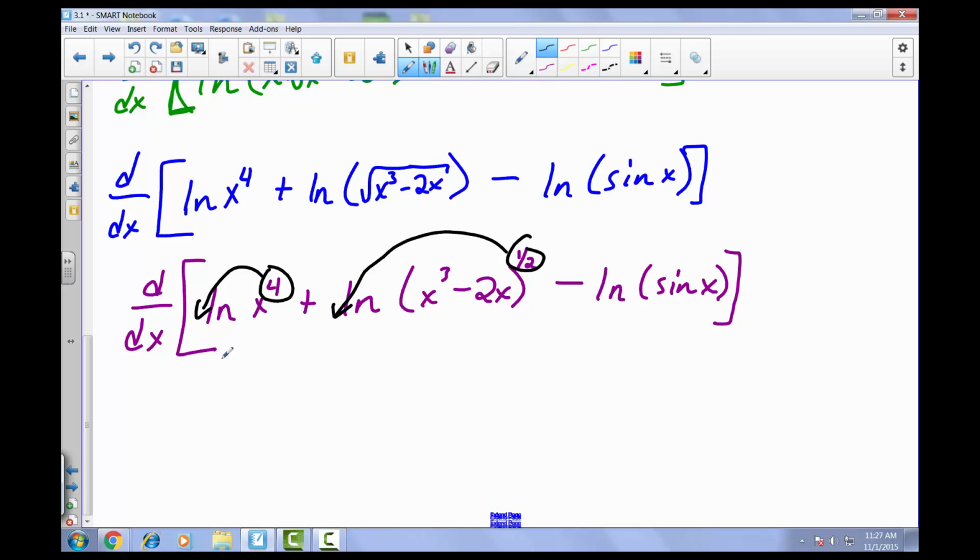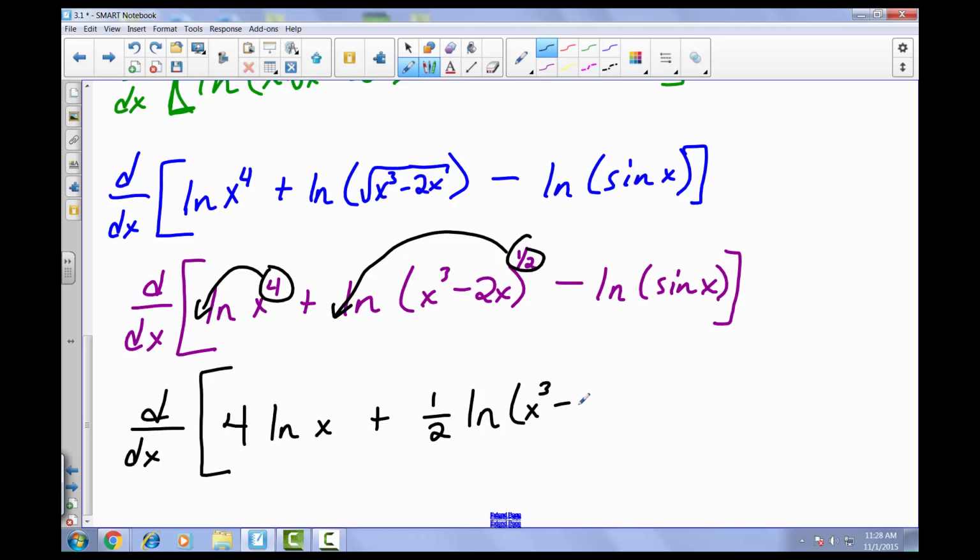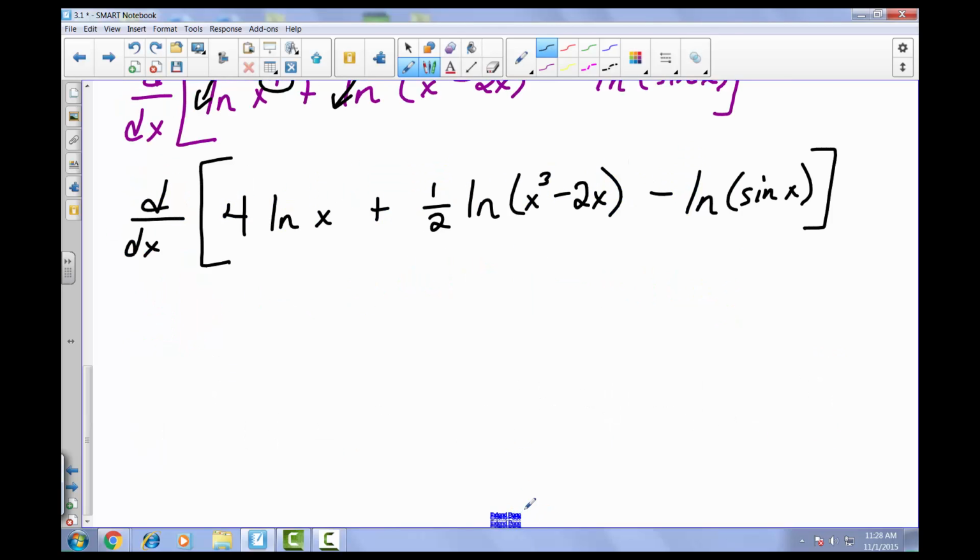This guy doesn't have one, so we still have yet to take the derivative with respect to x of 4 times the natural log of x plus 1/2 times the natural log of x cubed minus 2x minus the natural log of the sine of x. At this point, we've actually gone ahead and expanded this as much as possible. And as a result, we can go ahead now and take our derivative.